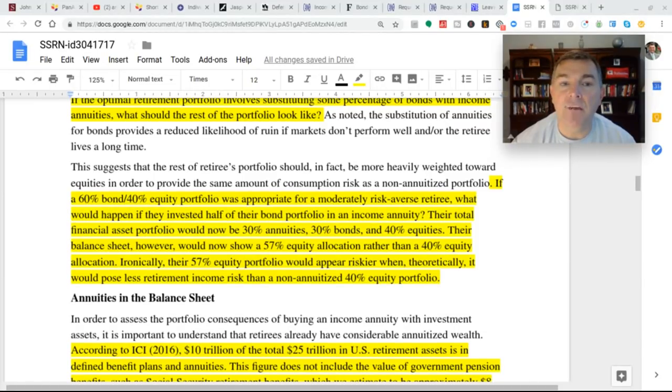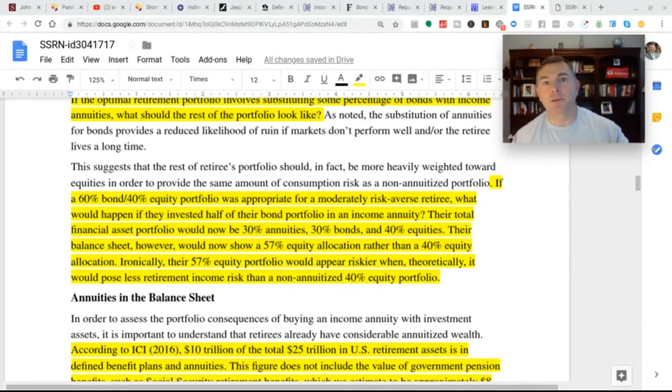Ironically, their 57% equity portfolio would appear riskier, theoretically, but it would actually pose less retirement income risk than a non-annuitized 40% equity portfolio.